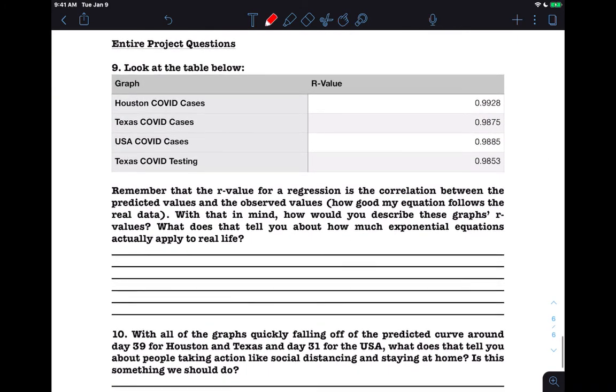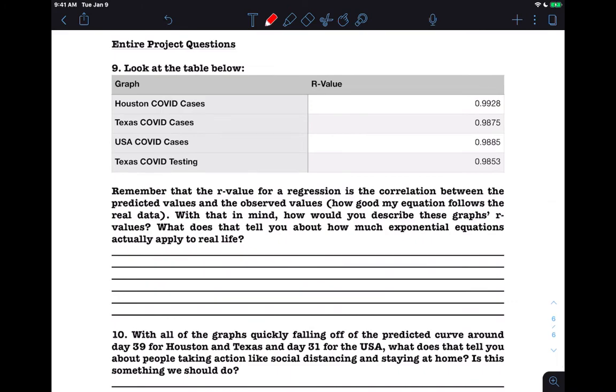Finally, we have a couple of questions that are just about exponentials. So here I gave you a graph of all the different R values for the equations that I created. I want you to take a look at those R values and tell me what that tells you about how close exponentials are to giving us an actual equation of what really happens in real life.